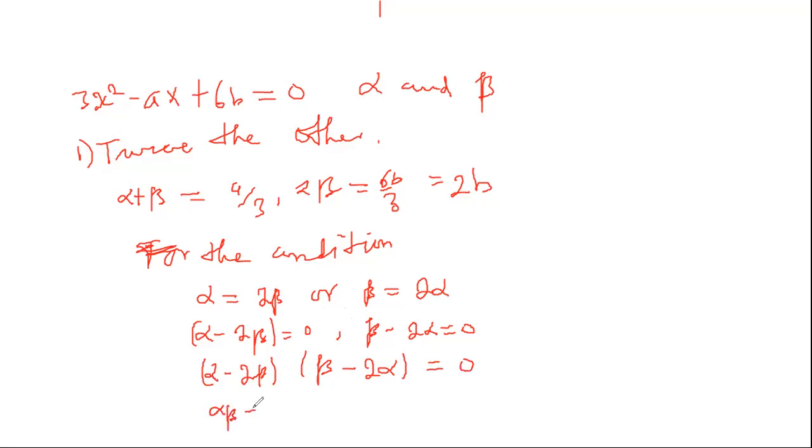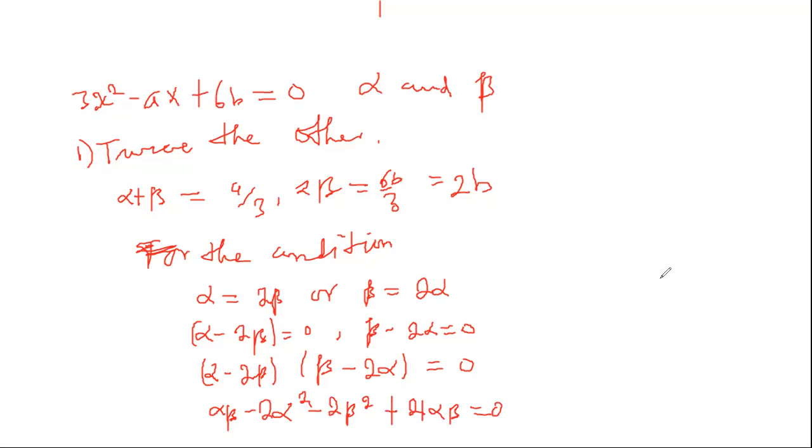Then alpha times negative 2 alpha is negative 2 alpha squared, minus 2 beta squared, plus 2 alpha beta plus 4 alpha beta, equal to 0.